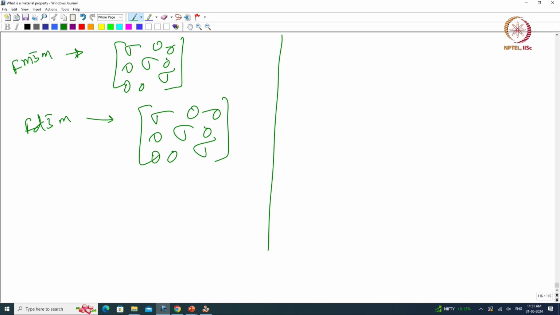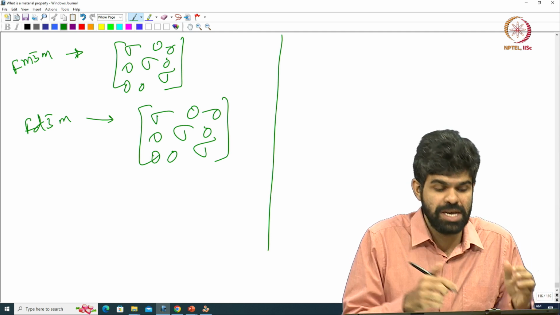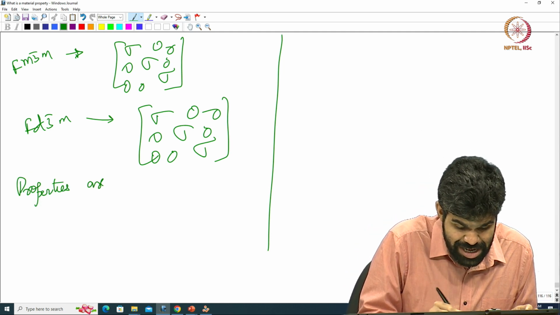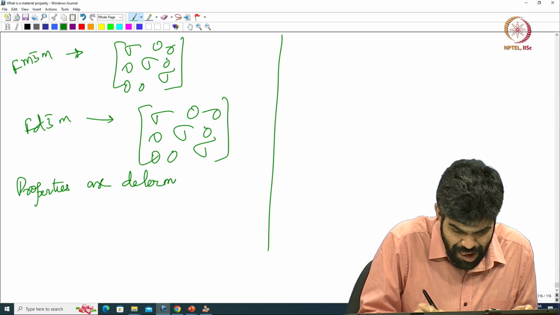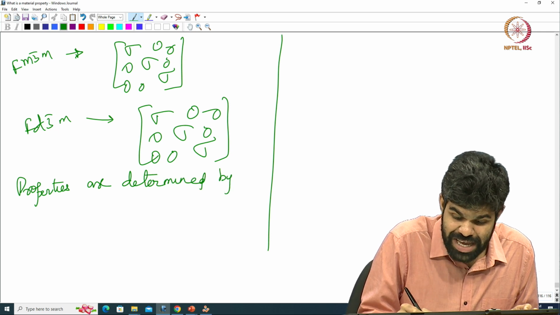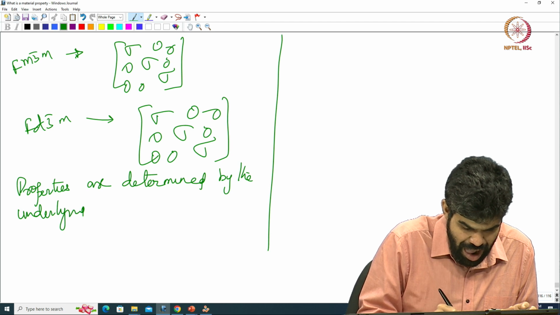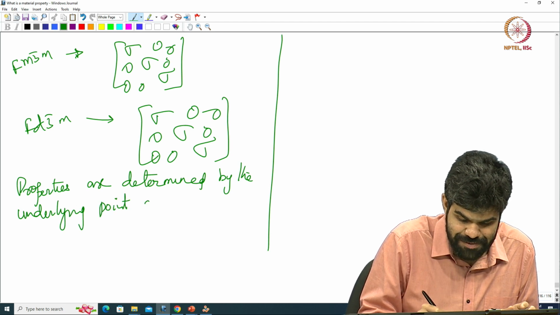If a property does not exist in Fm 3 bar m, it also does not exist in Fd 3 bar m, there is no difference, because properties are determined by the underlying point group symmetry.